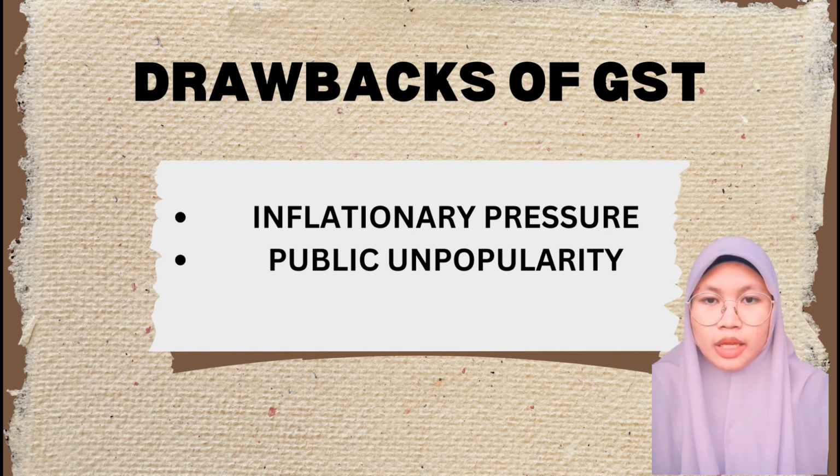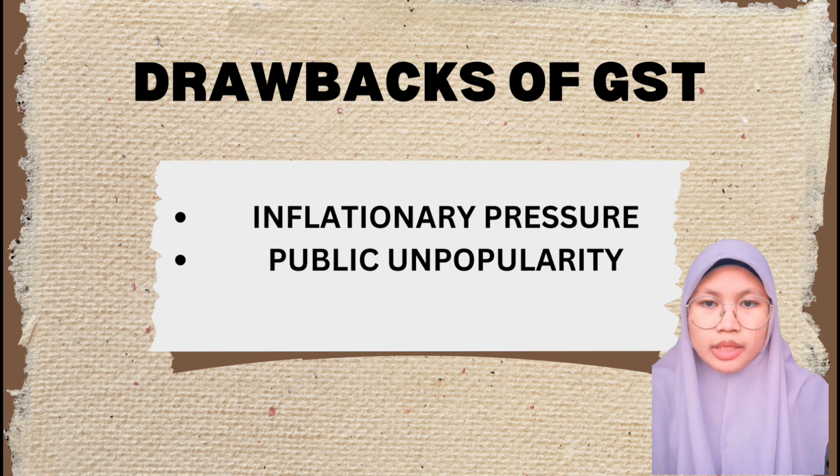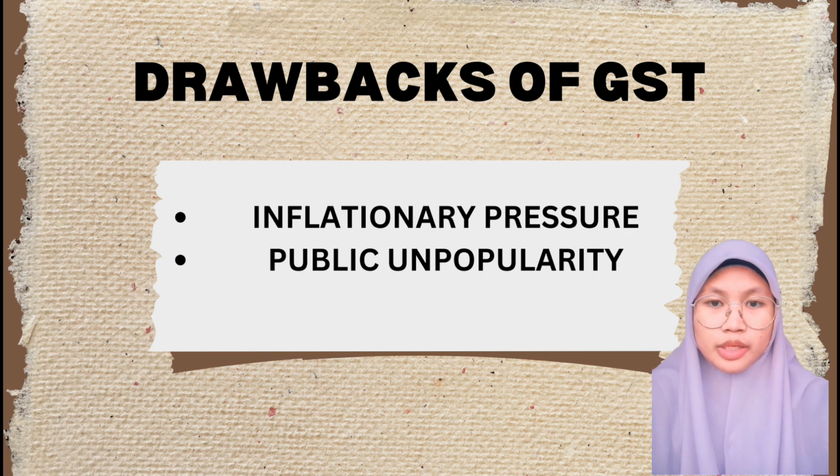The first is inflationary pressure. The immediate impact of GST was a surge in prices, straining the cost of living. Second, public unpopularity. Despite increased revenue, GST remained unpopular due to perceived negative effects on affordability and living standards.